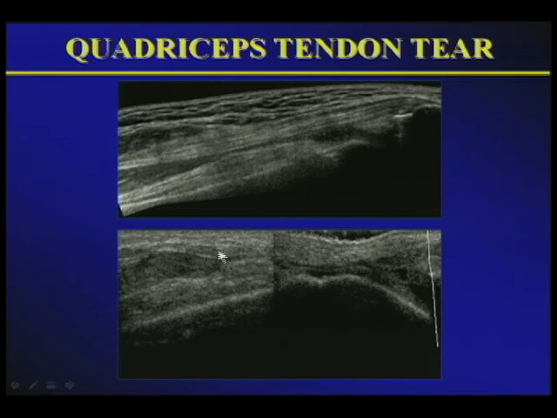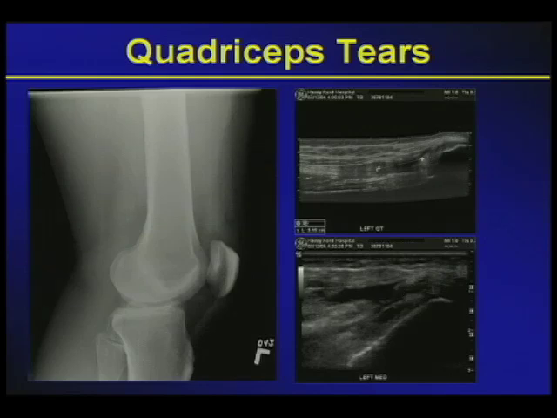As imagers, we see the proximal stump of the torn quadriceps tendon and the distal stump of the quadriceps tendon, resulting in a downward displacement of the patella, known as patella baja, and it's now exposing almost the entire convexity of the femoral condyle.